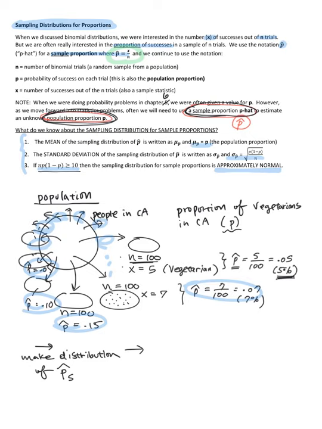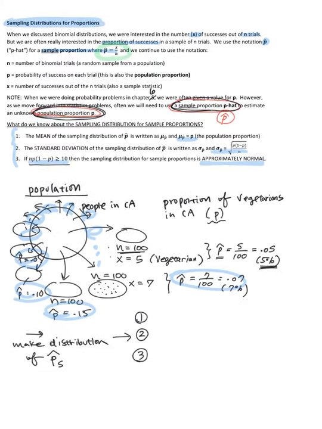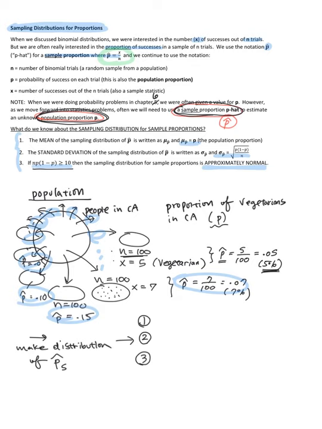What kind of shape does it have? Well, there are 3 requirements. And if these 3 requirements are satisfied, then we can conclude, just like we did in the last section, that the sampling distribution of proportions is approximately normal.